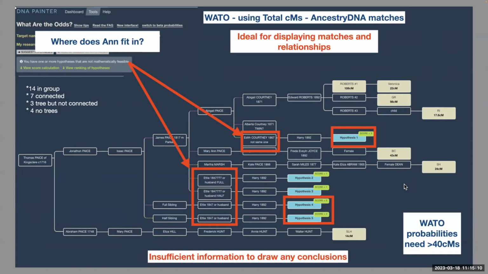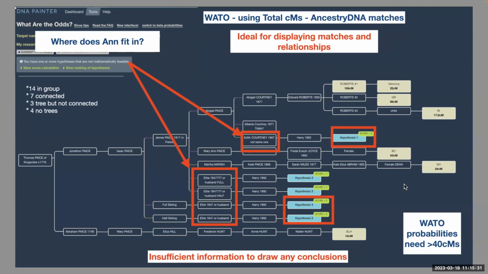So the chart's insufficient for drawing conclusions, but I like to put some of these things in a PowerPoint presentation as I'm working with a match, and I write on here, so various things, and it helps me to come back to where I got up to last time.